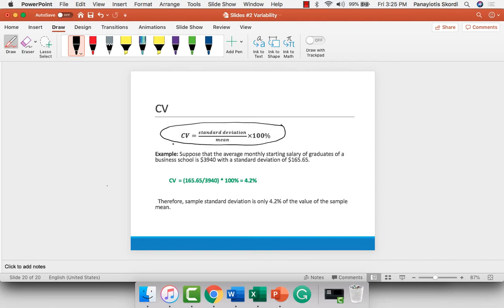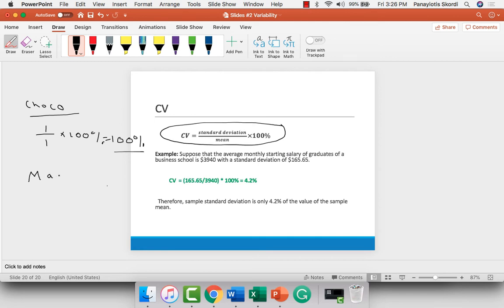So if we were to work out the coefficient of variation for the chocolate bar, it would be the standard deviation, which is $1, divided by the average price, which is $1, and we're going to multiply that by 100%, and that's basically going to equal 100%. That's kind of a large coefficient of variation, 100%.